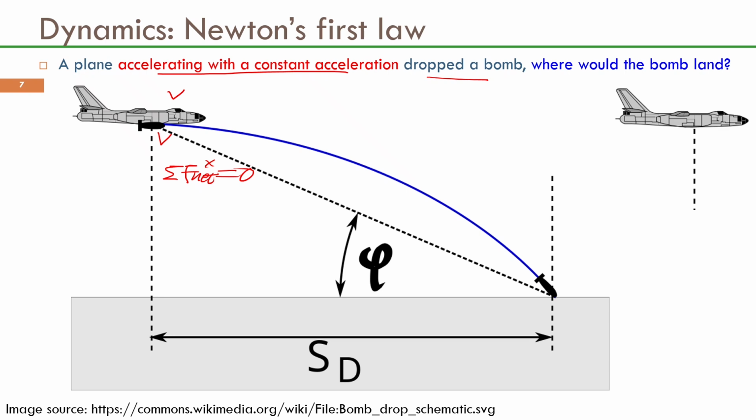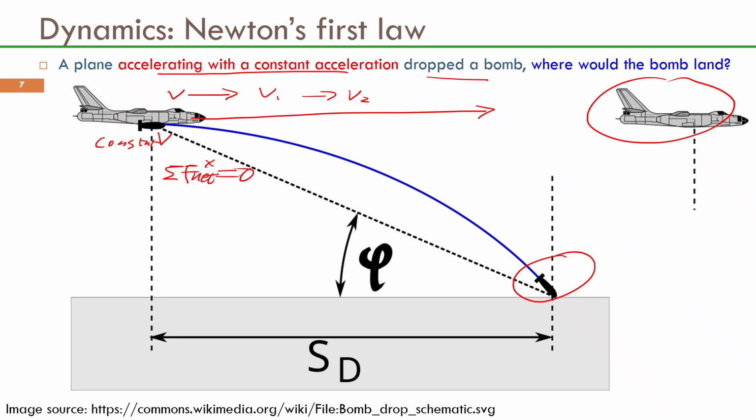So the bomb moves with constant velocity v. But we know the plane is accelerating. So that means the plane's velocity is going to become larger and larger. As a result, when the bomb lands on the ground, the plane would be ahead of the bomb, because after the plane dropped the bomb, the plane is always accelerating, but the bomb moves with constant velocity. As a result, the plane is ahead of the bomb.